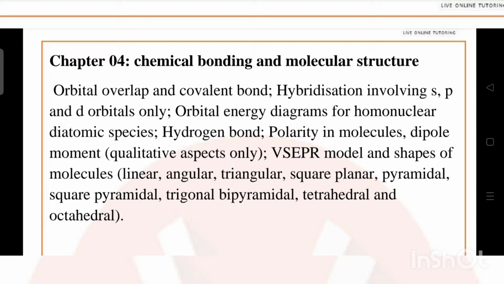Orbital energy diagram for homonuclear diatomic species, hydrogen bond, polarity in molecules, dipole moment, qualitative aspects only, and VSEPR model and shapes of molecules. They are linear, angular, triangular, square planar, pyramidal, square pyramidal, trigonal bipyramidal, tetrahedral and octahedral.